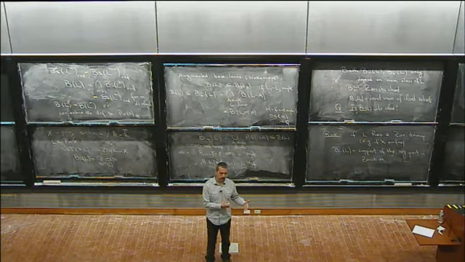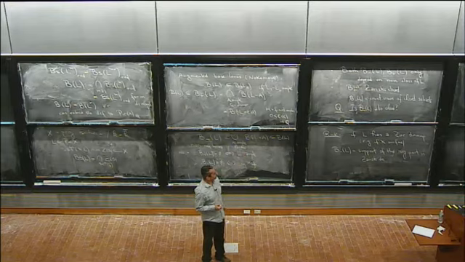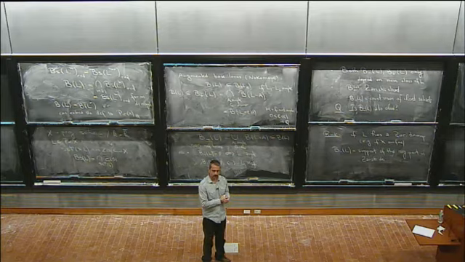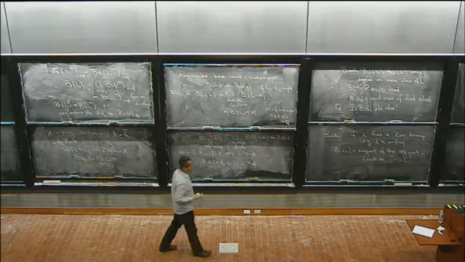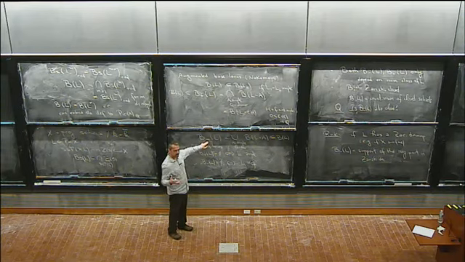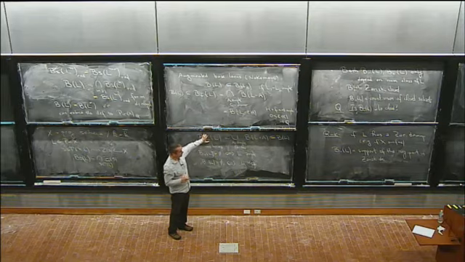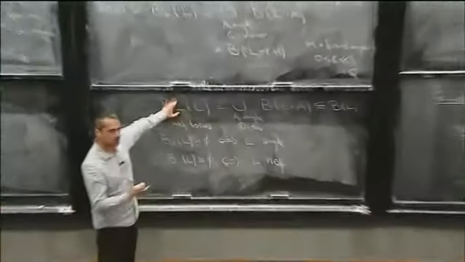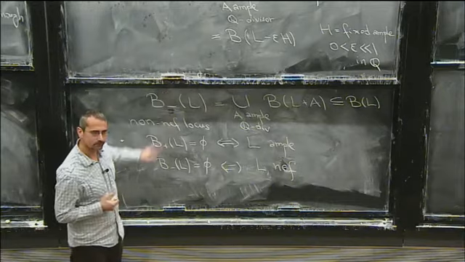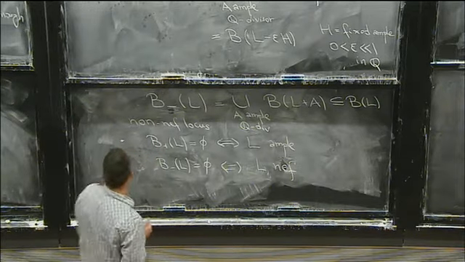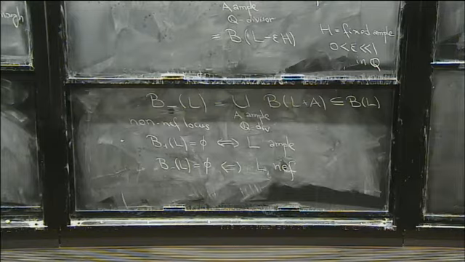B plus is more related to some sort of ample part, whatever that would mean. In general, you should think of B minus as some sort of correction for B itself. For example, if the section ring of L is finitely generated, then B minus is equal to B. Again, this is non-trivial from what I said. But B plus can typically be quite different. So this is about the definition of these two loci.